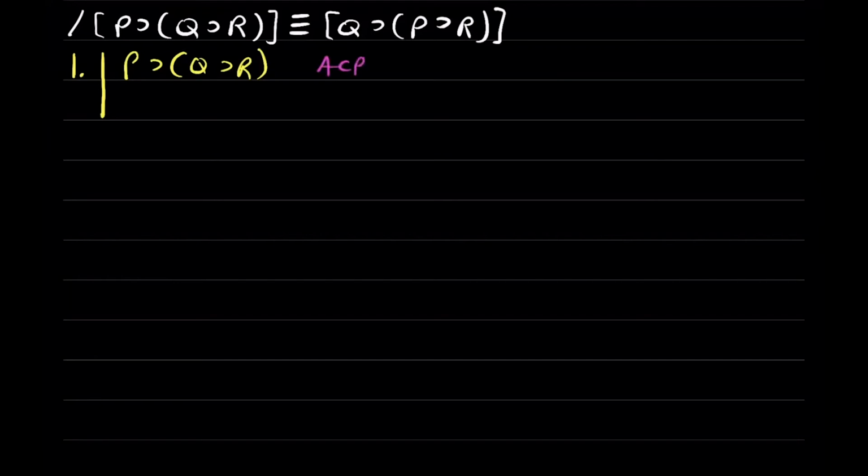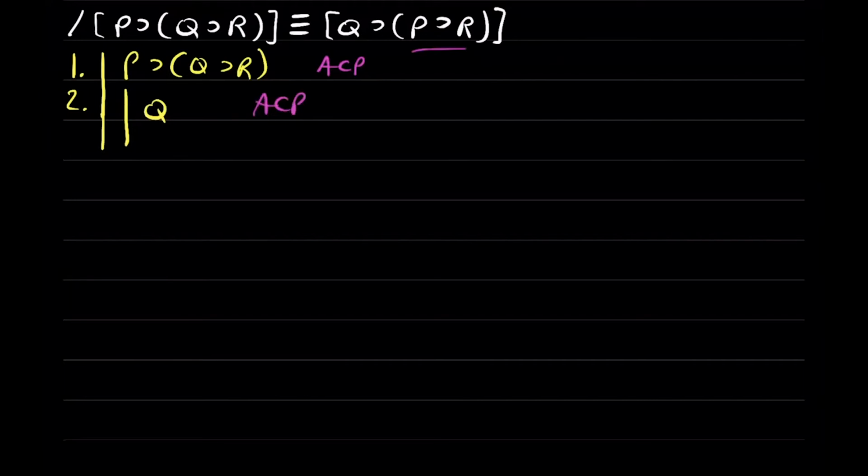And now I'm trying to prove the right side of this biconditional. Q implies that P implies R. Well, I think I can do this with a couple of indented sequences here. On line 2, if I know I'm trying to prove a conditional, Q implies something, I can assume Q, an assumption for conditional proof, and now I'm trying to prove that P implies R. Now, watch what I'm doing here.